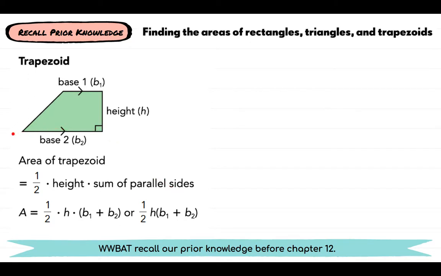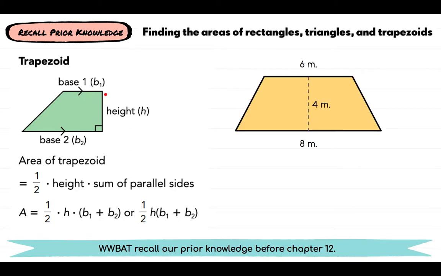One way to notice the bases is the arrows that show that they are parallel. So this is base 1, or b sub 1, and this is base 2, which is b sub 2. And then the height goes between, or perpendicular to, the bases. For this example, we have 1/2 times the height.